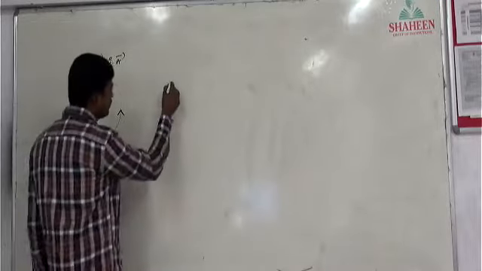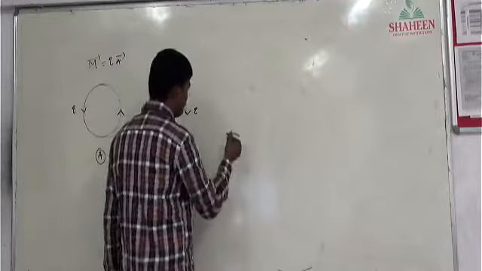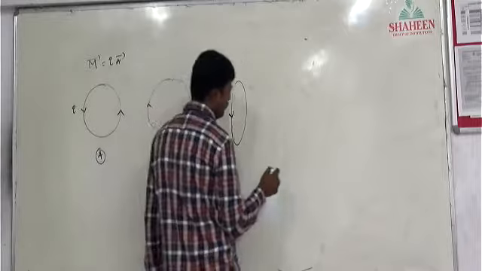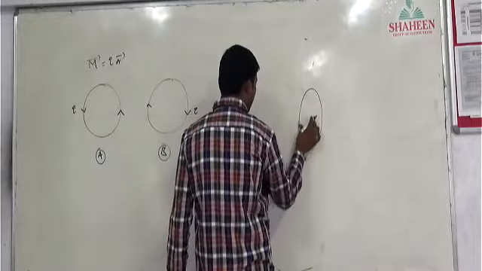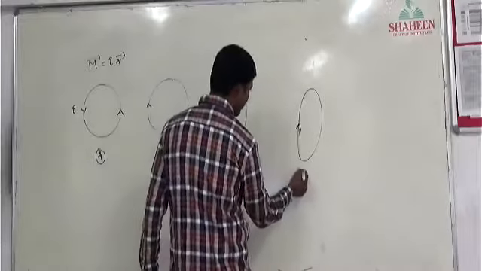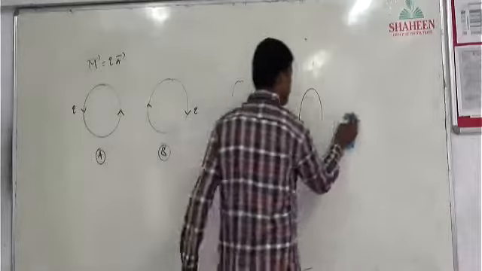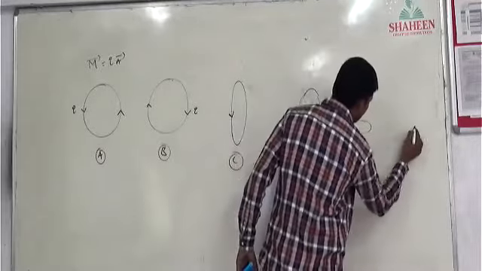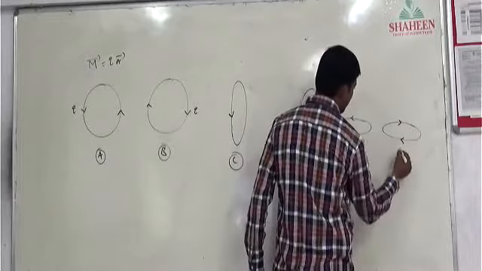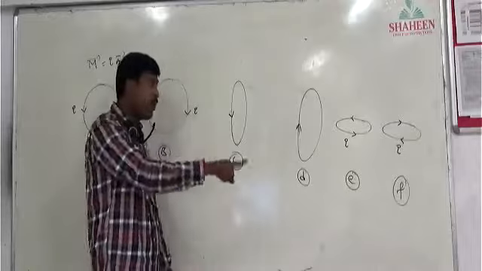A, B, A, B, C, D, C, D, E, F. See the C, D, E, F. See, I draw like this.